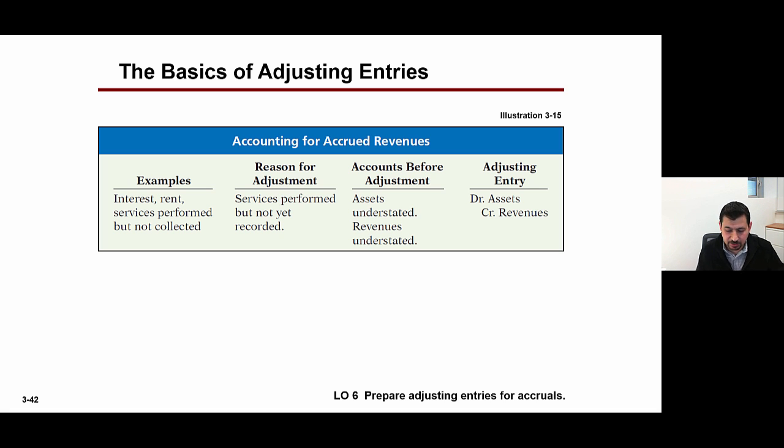And to rectify this, we increase assets and we increase revenues. This is why we debit assets to increase them, and we credit revenues to increase the revenues as well. So whenever we need to make an adjusting entry for accrued revenues, we debit the asset and we credit the revenue account.